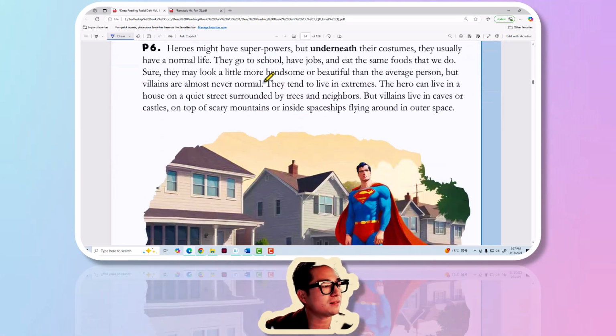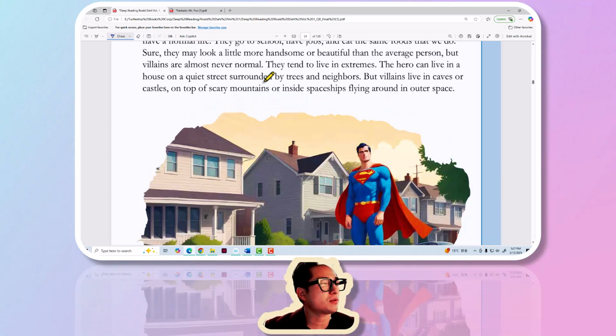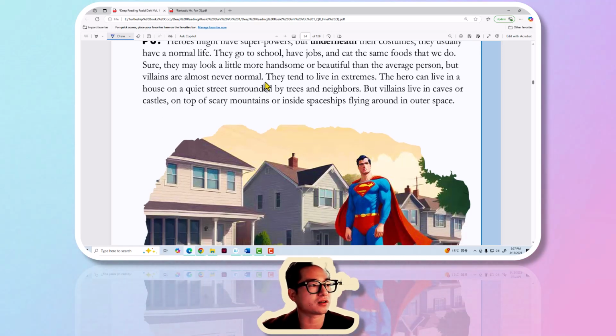Let's keep reading. Join me on paragraph 6. Heroes might have superpowers, but underneath their costumes, they usually have a normal life. They go to school, have jobs, and eat the same foods that we do.